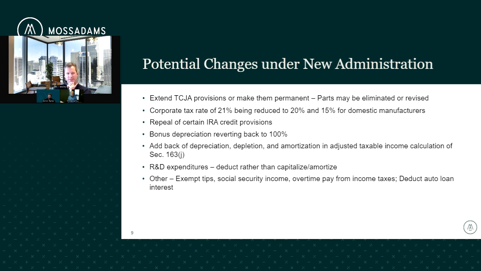Also being discussed is reducing the corporate tax rate from the current 21% to 20%, and reducing it to 15% for domestic manufacturers. We've heard a lot about repealing certain IRA credit provisions. I know that was discussed earlier on, but the more this gets looked at, we're anticipating that a lot of the existing credits may stay.